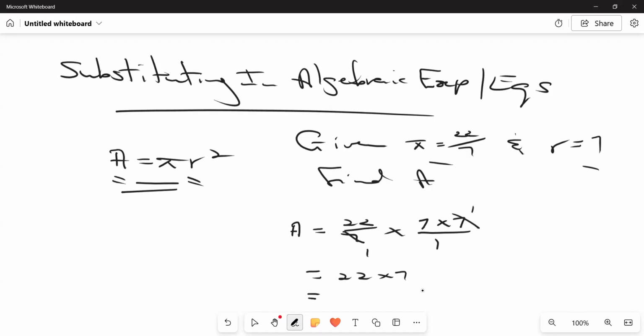Somebody do that for me. Right? And we get A equals 154. Let's not get into units for area right now. You're just learning to substitute in an algebraic expression. In this case, it's an equation, right? There's a relationship that we have.